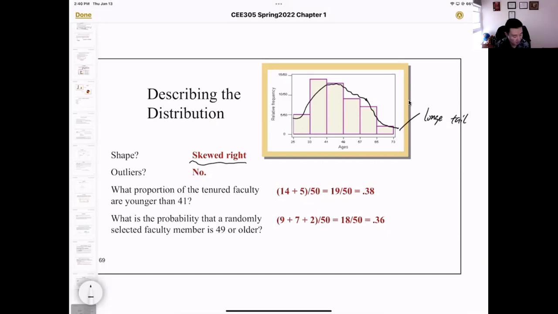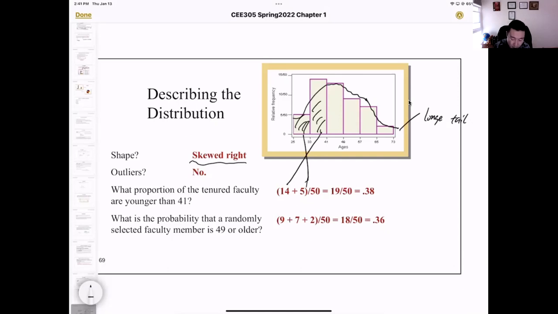We can also easily calculate, for example, what proportion of the professors are younger than 41. Younger than 41 is here plus here. So 14 plus 5, or 38%.